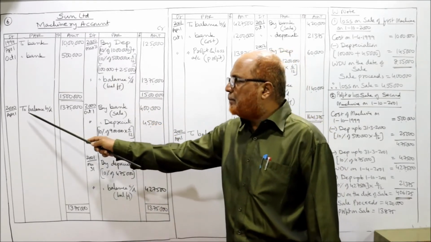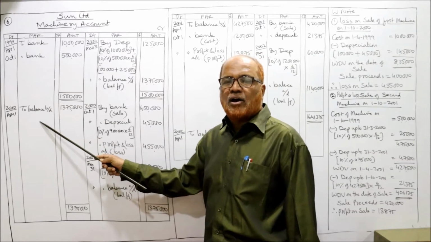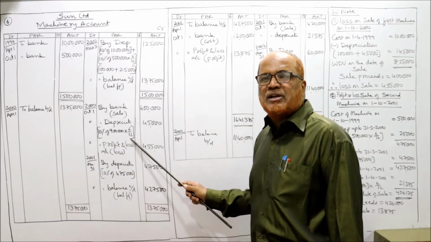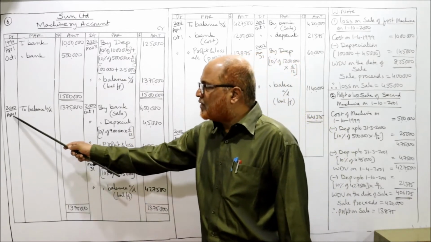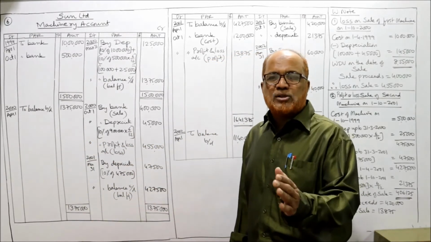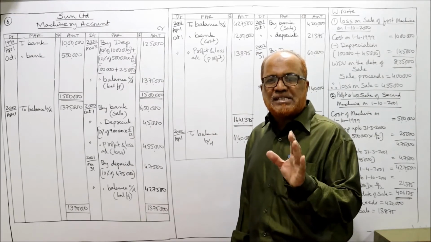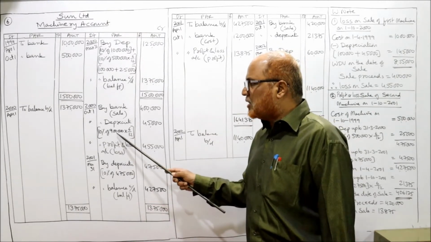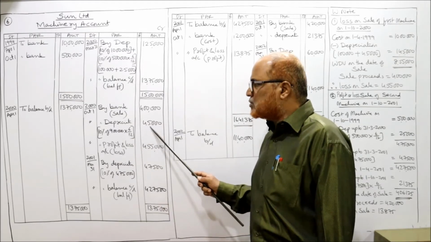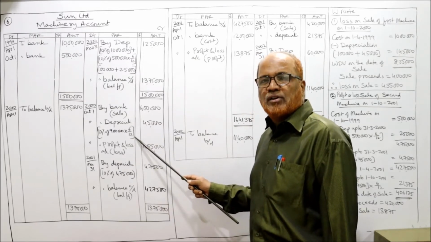The WDV at the beginning of the year is 9 lakh for that plant. So 10% of 9 lakh into 6 by 12, because the machine is used from 1st April to 1st October, so it will be 6 months. So 10% of 9 lakh into 6 by 12 is 45,000. So depreciation will be 45,000.